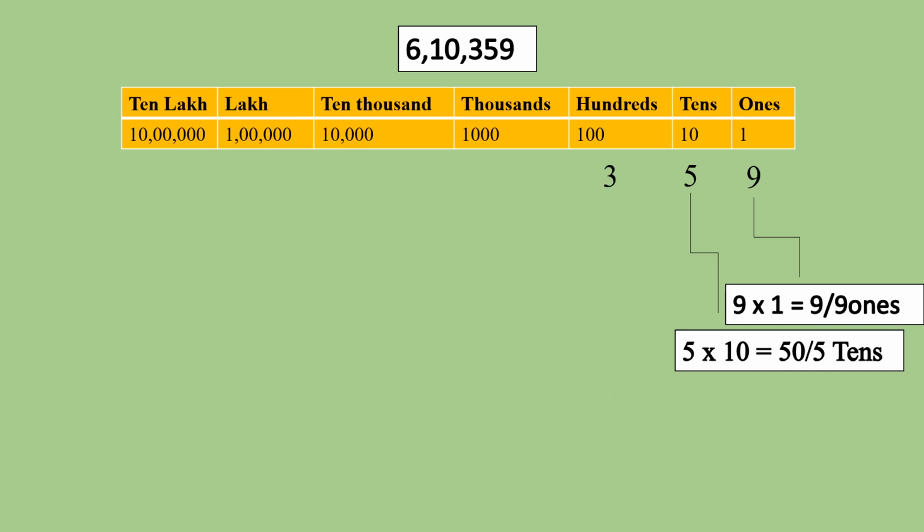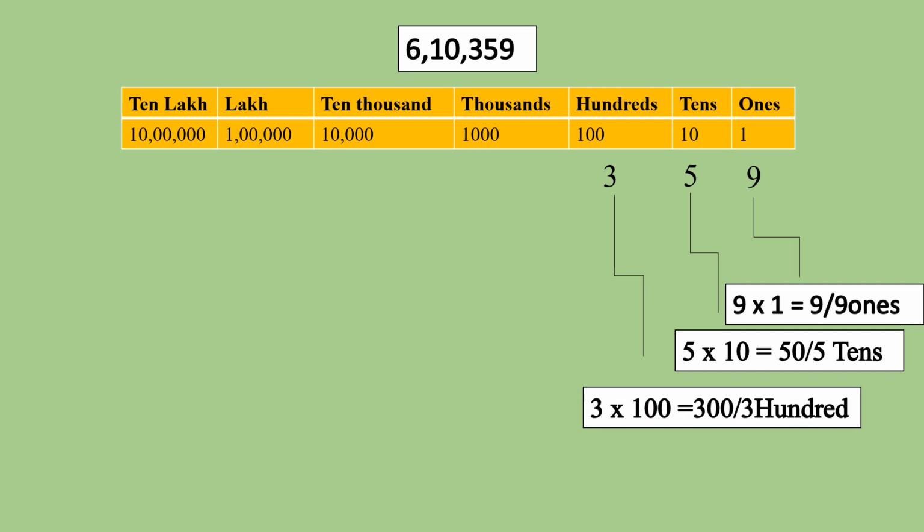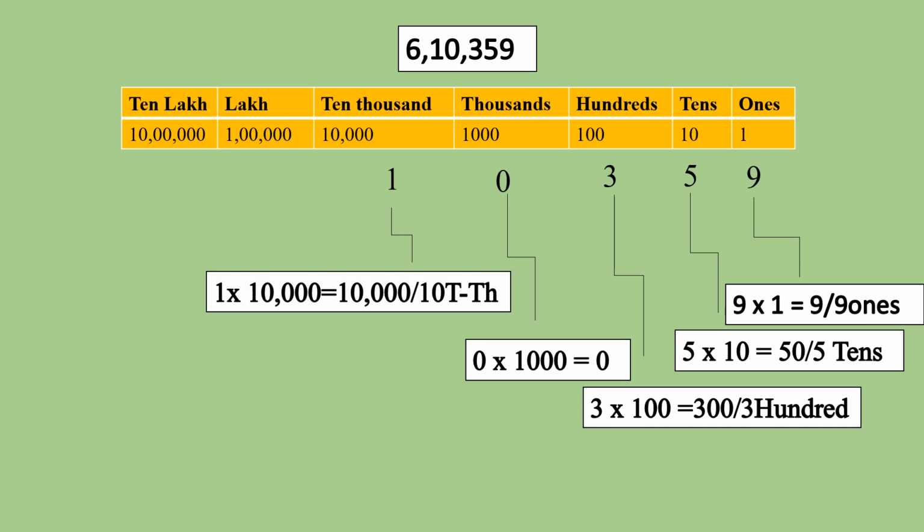Next digit is 3. The place value of 3 is 3 multiplied by 100 is equal to 300. The place value of 0 is 0 multiplied by 1000 is equal to 0. The place value of 1 is 1 multiplied by 10,000 is equal to 10,000.